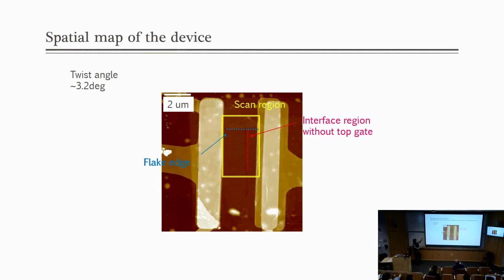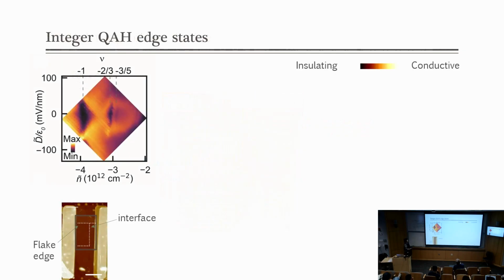We also have an interface region without top gate that was not designed, but because of the AFM cleaning process, it just broke. So that region doesn't have top gate. But anyway, we majorly just look at the flake physical edge. And we first look at the integer quantum anomalous Hall states.